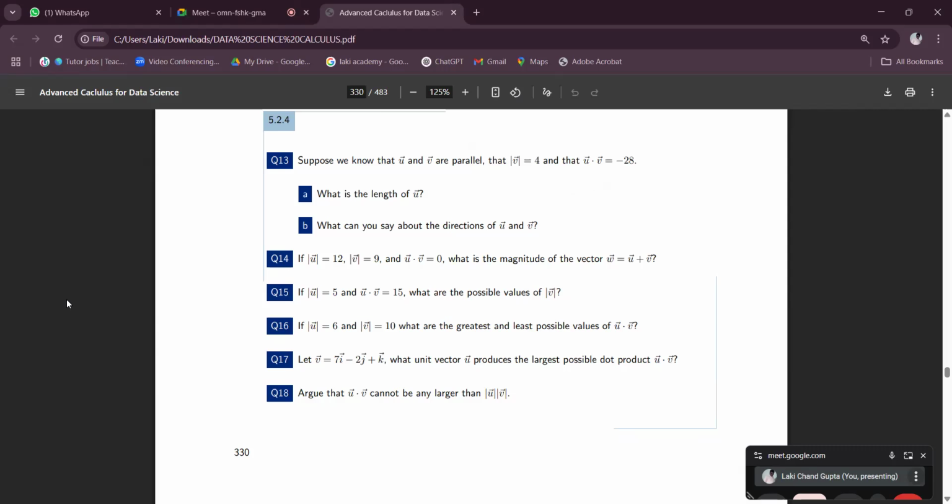So what is the range of u dot v? It's very easy, don't worry. You know cos theta is u dot v over the modulus of u multiplied by the modulus of v. But cos theta lies from -1 to +1, right?